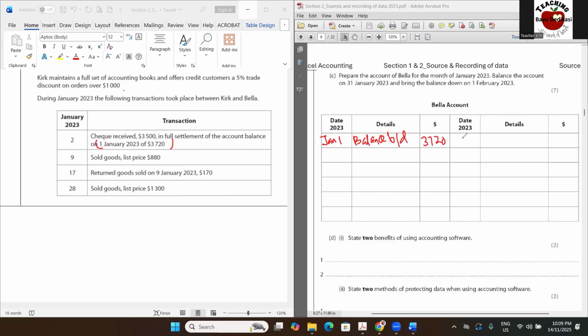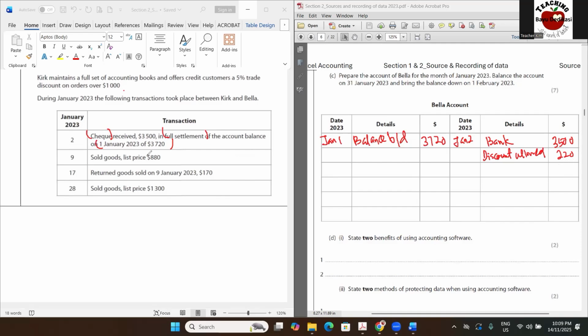So in here, January 2, bank, because when you see the word check, this is a bank. And the amount is 3,500. Because they say it's a full settlement, it means that there is a discount allowed. Okay, take this minus this, we get 220. So the discount allowed is 220.